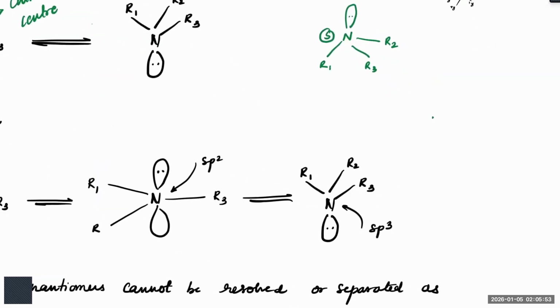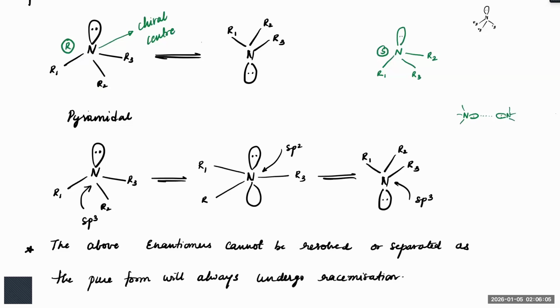So if you have nitrogen with lone pair and three groups here, and another nitrogen with lone pair and three groups here, as they start approaching close to each other, what happens is that nitrogen will start making a planar structure first, because the lone pair will start losing its hybridizing nature. So it will start becoming something like an sp2 hybridized nitrogen, a planar surface.